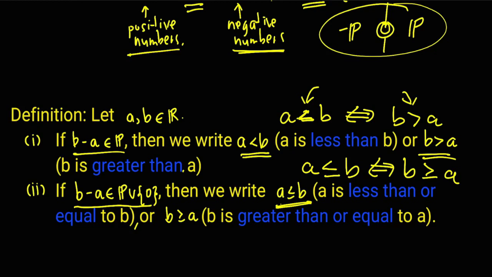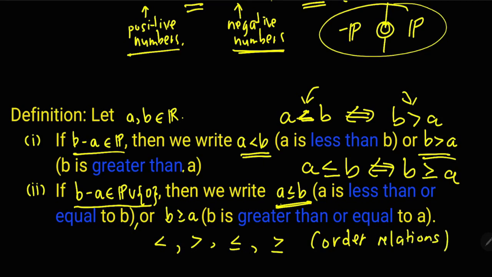These inequalities are called order relations in R. So we have 4 inequalities: less than, greater than, less than or equal, and greater than or equal, called the order relations in R. Again, this order relation is defined using the set of positive numbers. So you need to get the difference of the two real numbers and then decide whether it's less than, greater than, less than or equal, or greater than or equal.